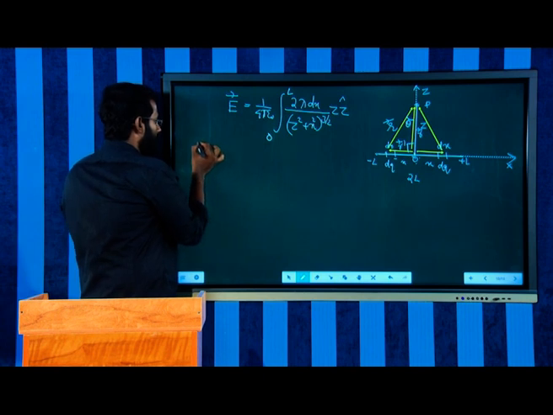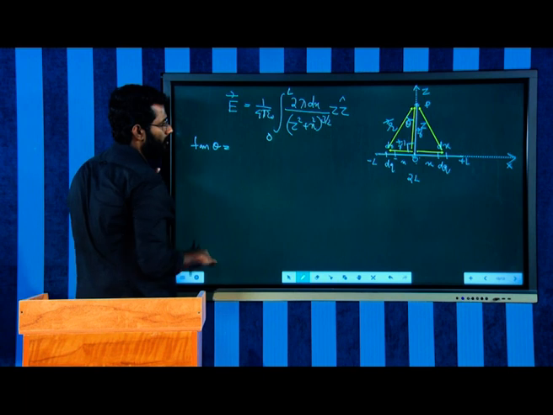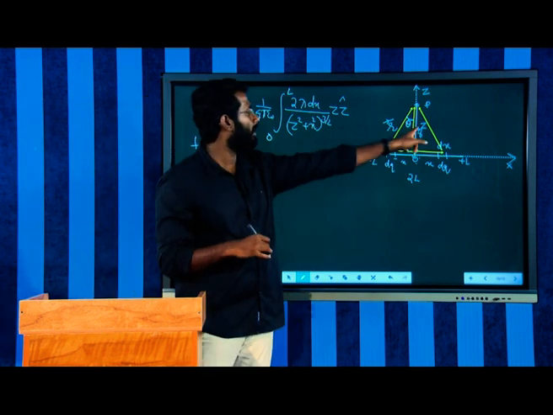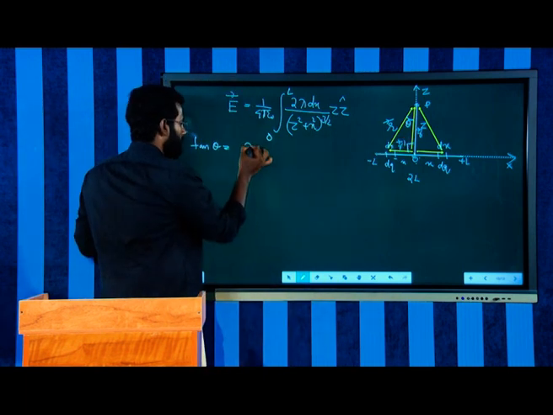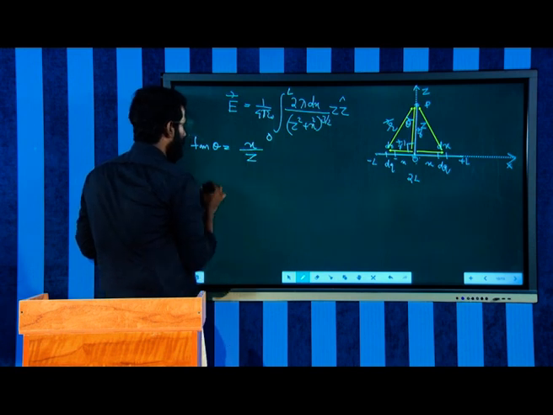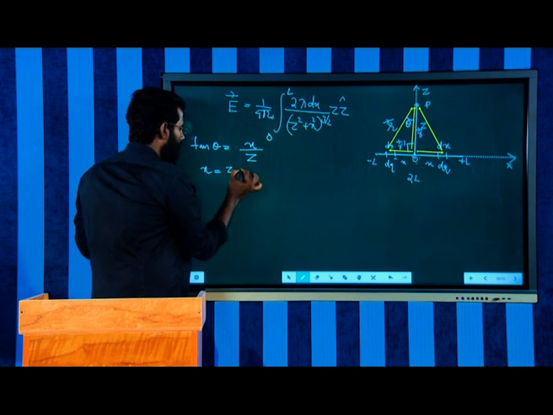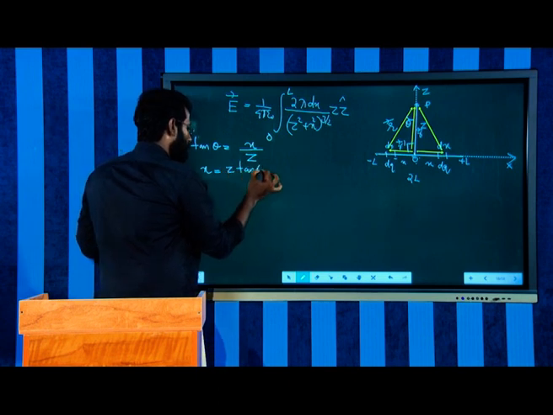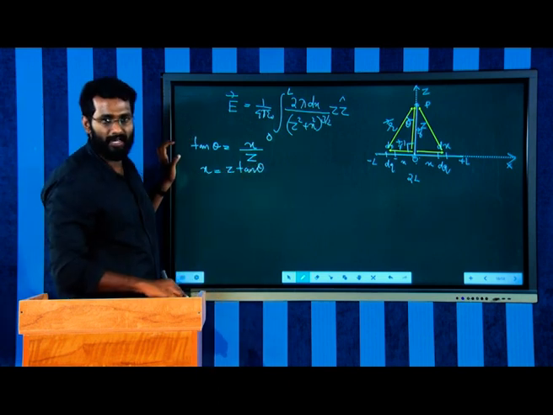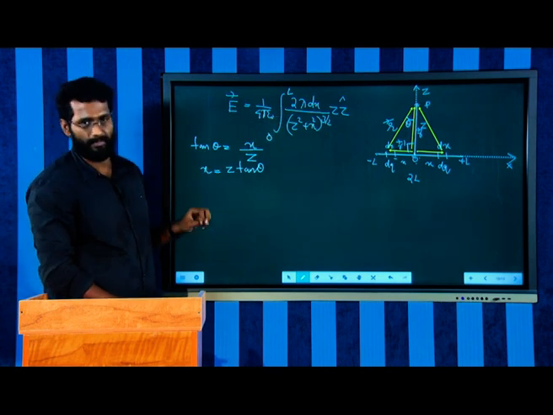Let me write tan theta from that triangle. So, tan theta is equal to the opposite side, that is x, divided by the adjacent side, that is z, or x is equal to z tan theta. So, we use this substitution to integrate this expression.